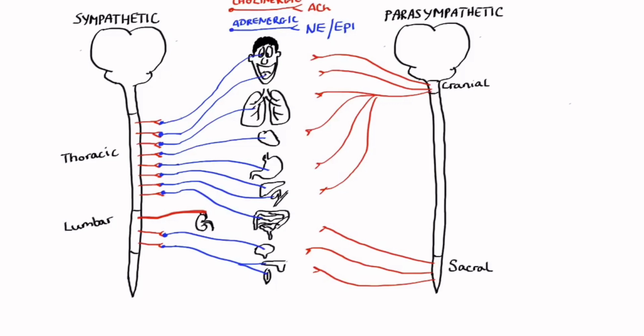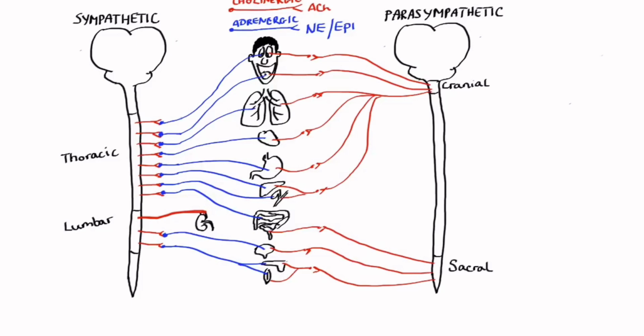So the activity of the parasympathetic division would have the opposite effect of sympathetic stimulation and would result in the following: constriction of pupil, stimulation of salivation, constriction of airways, slowing of the heartbeat, stimulation of digestion, stimulation of glucose uptake, stimulation of intestines activity, stimulation of urinary bladder contraction, and stimulation of erection.